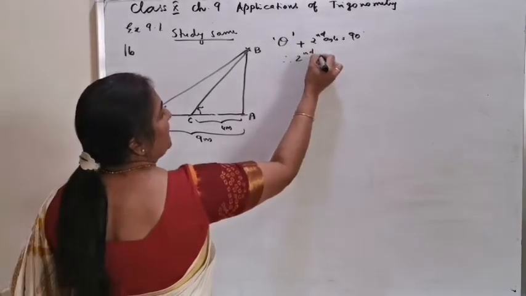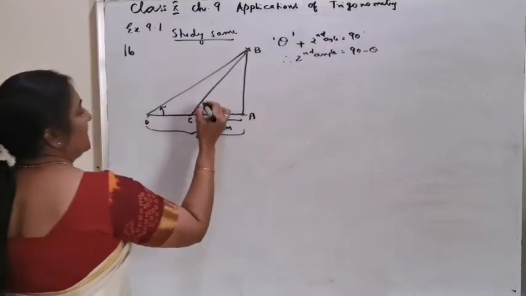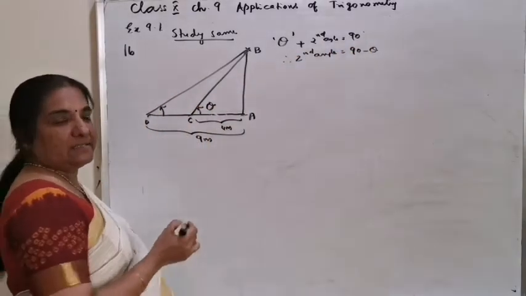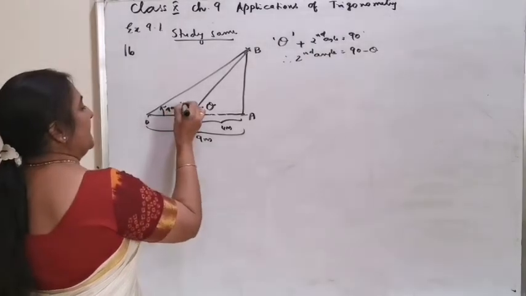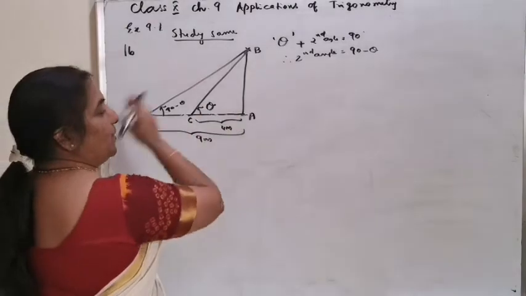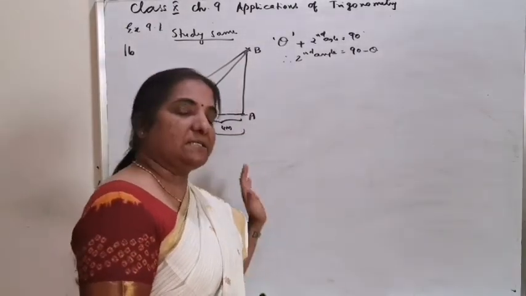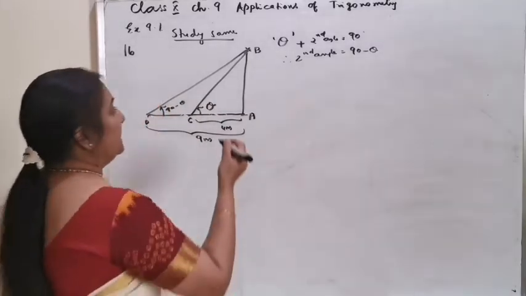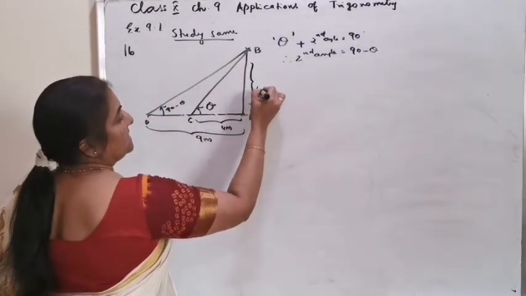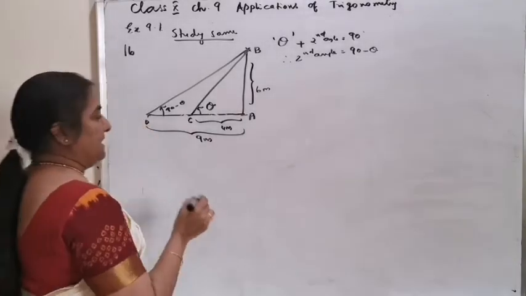Therefore, what will be the second angle? It will be 90 minus theta. So let us take any one as theta, and the second angle will be 90 minus theta. Even if you take the two points on either side of the tower, it is not a problem because the answer will be the same. Prove that the height of the tower is 6 meter.